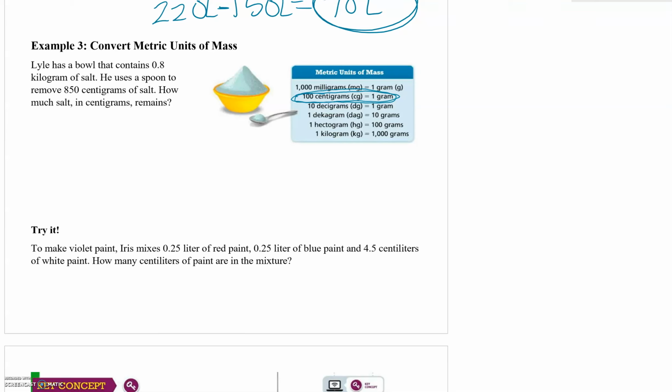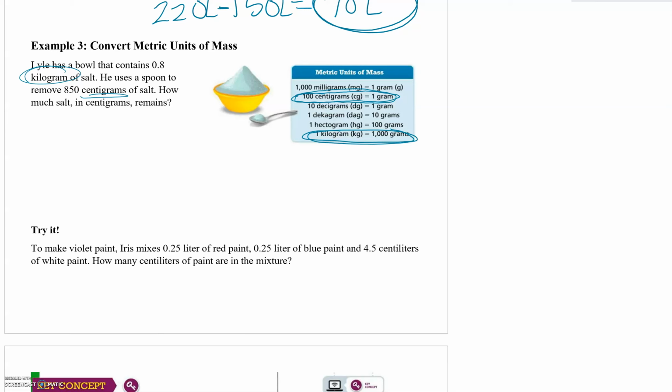Because we have centigrams, that's what we need, but we're at kilograms. So we actually have to do a couple of things. So I also have to look at my kilograms to grams. First let's go ahead and do some conversion here.